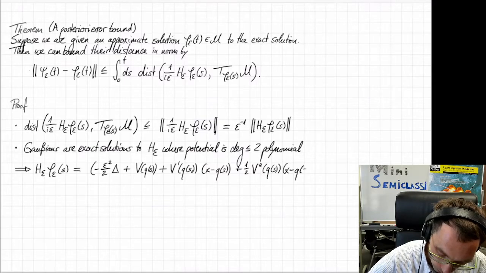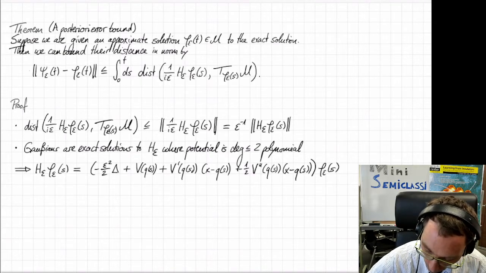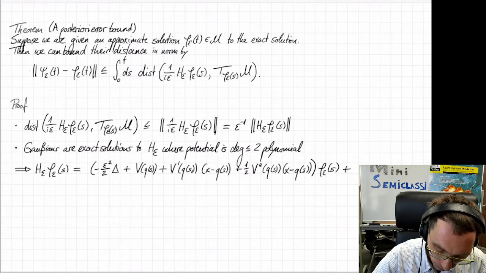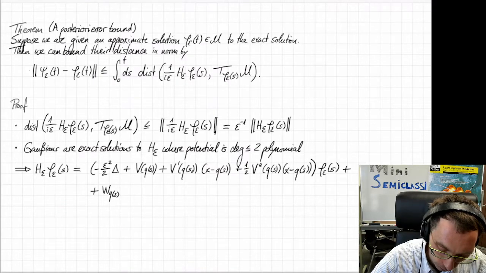And then the term, so let me close this. And then there's a second term, which, if you remember, the remainder of the Taylor expansion, I just dubbed WQ, in this case Q of s.